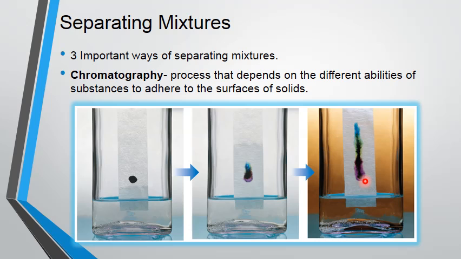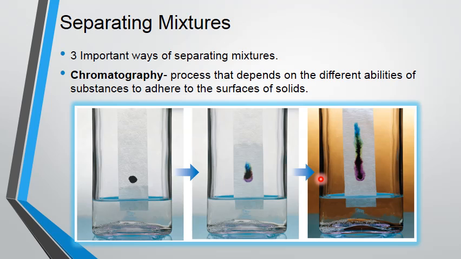They're going to be heavier and stick to the paper more. And then as we go up, the blue at the top would be lighter molecules, smaller molecules, and they probably aren't sticking to that paper as much because of their properties. So we can separate out the substance based on its ability to stick to the surface.